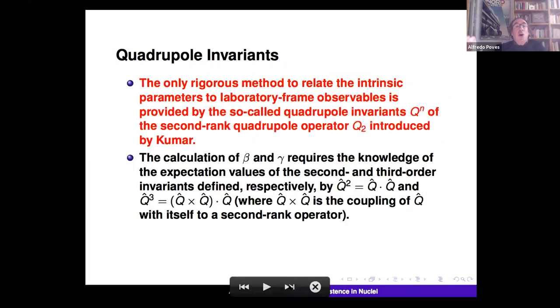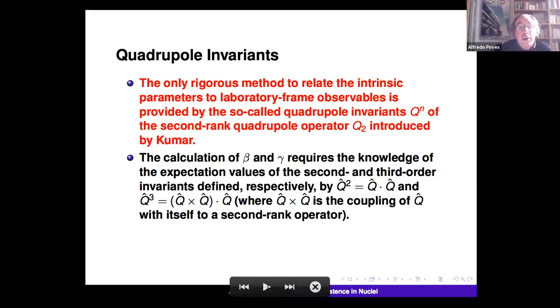Okay, so we arrive at the second part, quadrupole invariance. Here, the only rigorous method to relate the intrinsic parameters to the laboratory frame is through the quadrupole invariants. And to compute beta and gamma from these invariants, you need to know the second and third moments of the quadrupole operators.